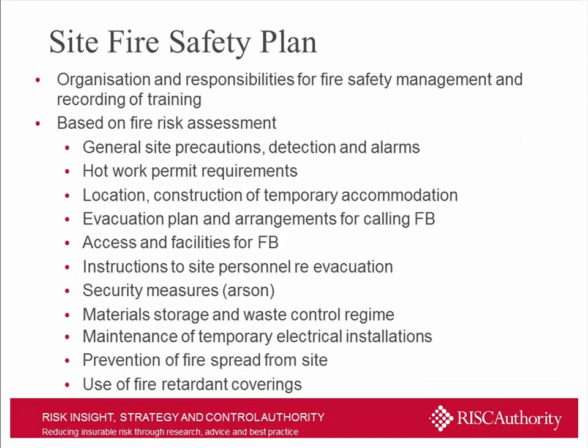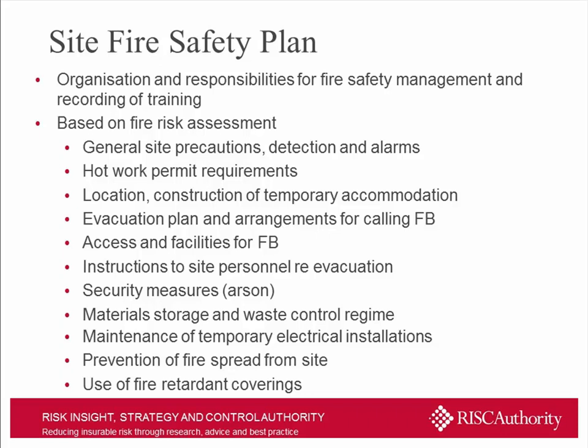The Joint Code goes on to provide a bit of an outline of what the site fire safety plan is as well, and it's not my intention to read through this in detail, but there are certain issues there that are, I suppose, a little more important than others. I mentioned earlier the potential for, or the number of deliberate fires that occur on construction sites, and so ensuring that the site is secure is going to be one of the top priorities, and we'll touch on what that might mean a little later.